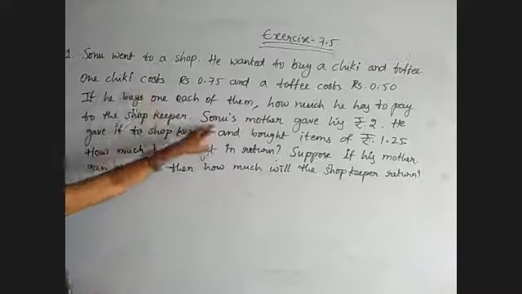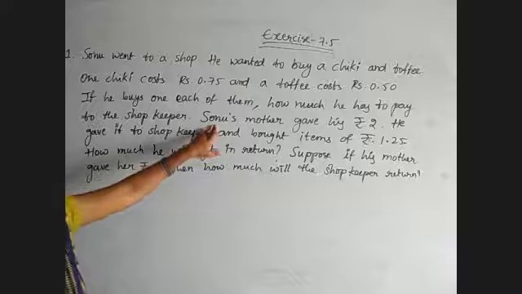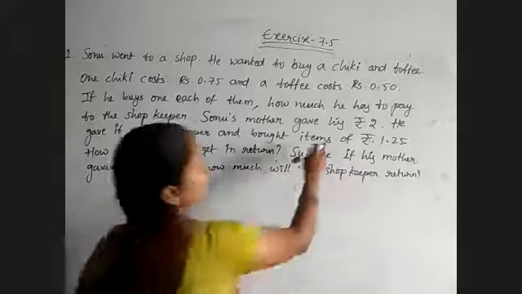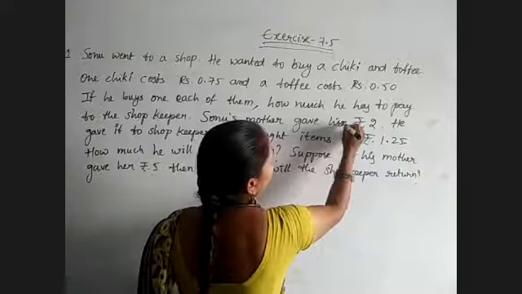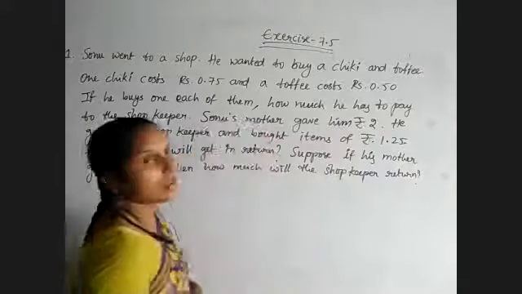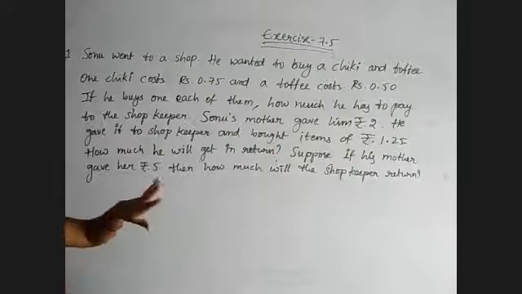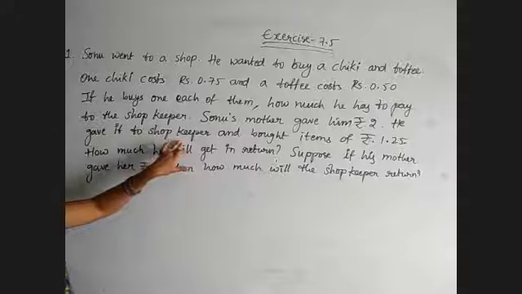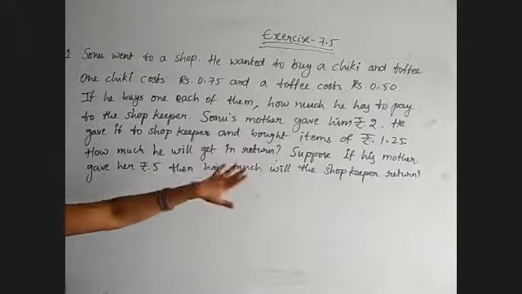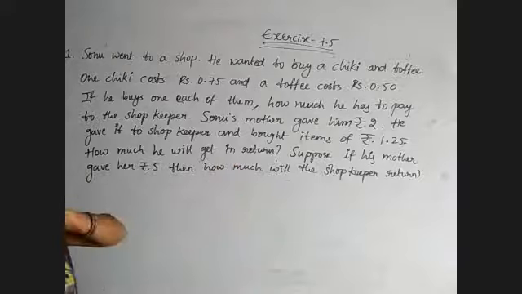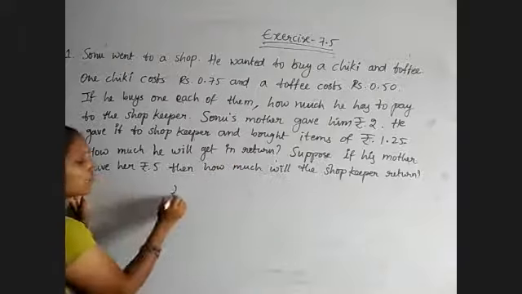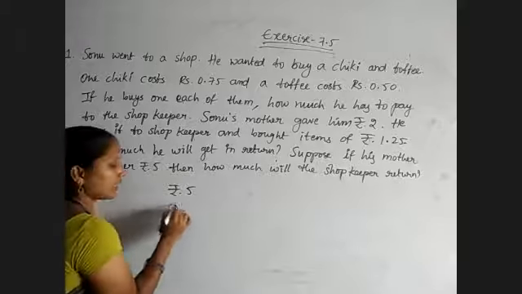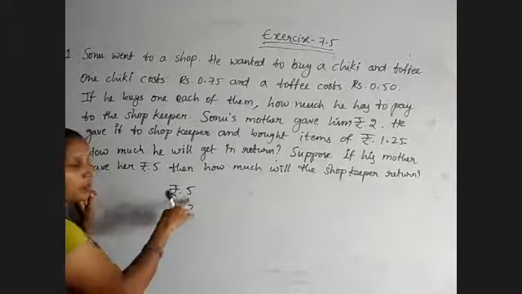After that, Sonu's mother gave him 2 rupees, and he gave it to the shopkeeper and bought items of 1.25 rupees. See, suppose your mother gave 5 rupees to you, and you spent only 3 rupees. You gave 5 rupees to the shopkeeper.